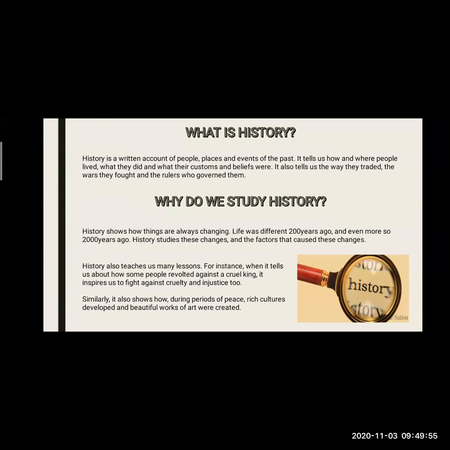What were their traditions, or what did they believe in? It also tells us the way they traded, how people carried on trade, the wars which were fought, and the rulers who governed them in the past. So when we study history, we get to know all these things.